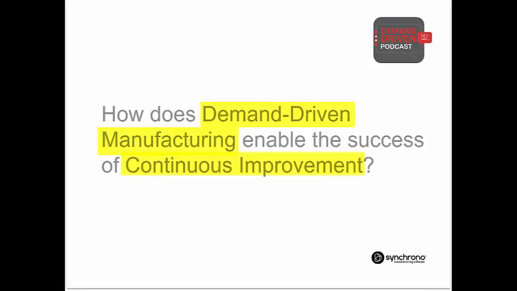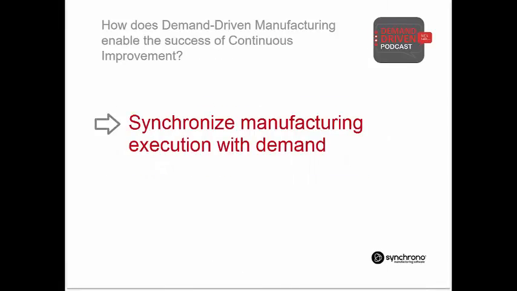Sure, Pam. As you know, these two items are very interconnected. As I said in the previous slide, some of the core tenets of demand-driven manufacturing, like synchronizing manufacturing execution with the demand on the plant and optimizing work in process, are critical to be able to really see into the disruptions to flow.